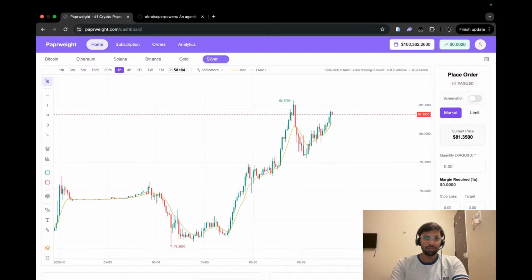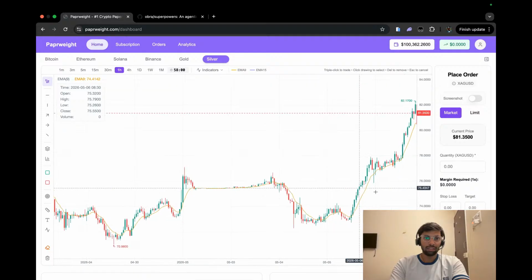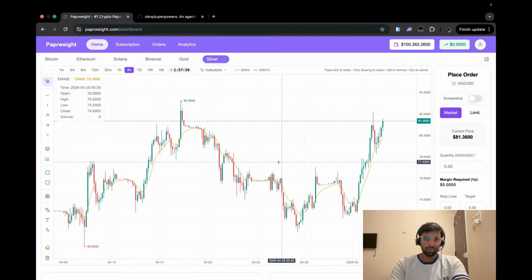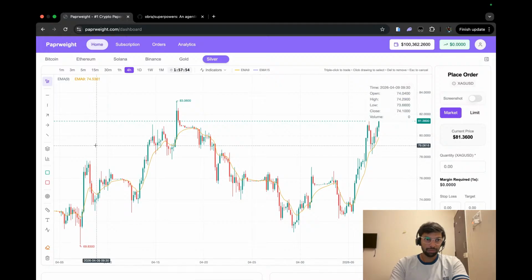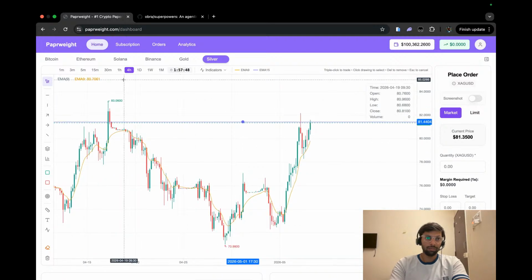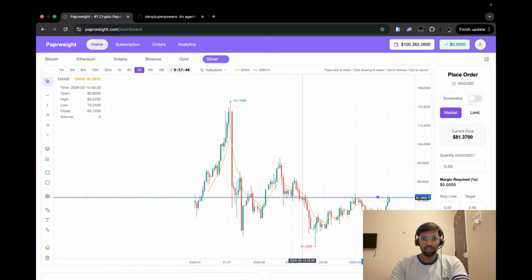But one thing that I can see over here is, what is that? Let me draw a horizontal line, just to see. This horizontal line will tell me that there is a presence of a little bit of sellers at this area, and let me delete this.